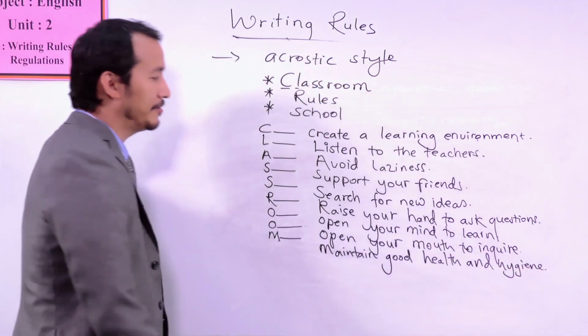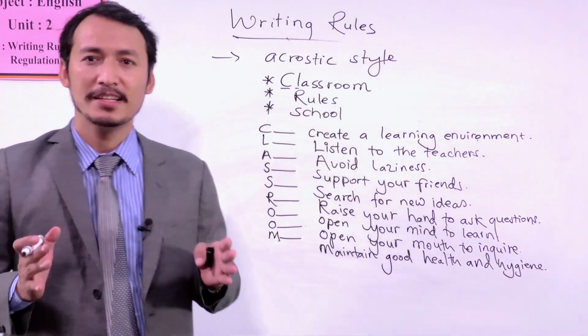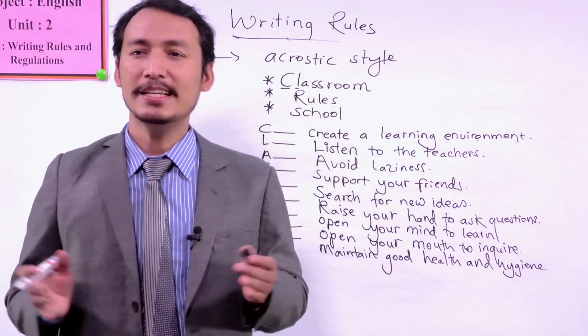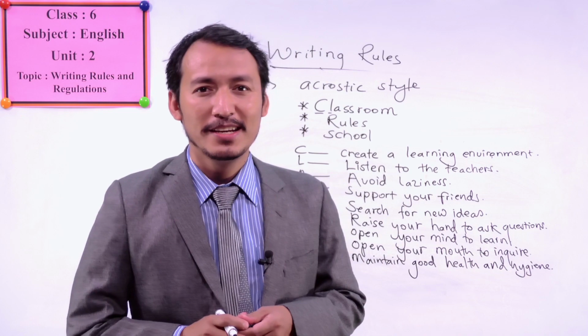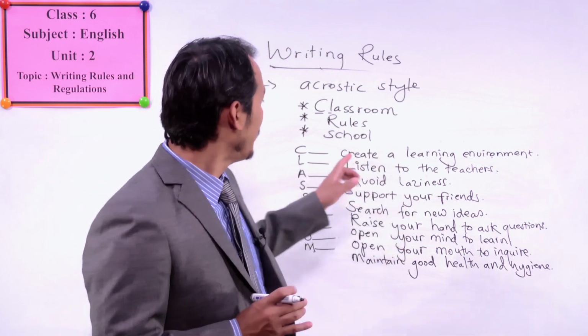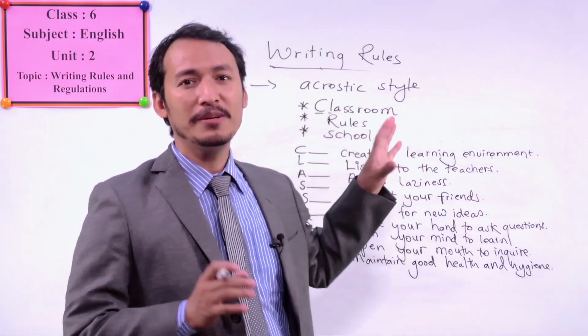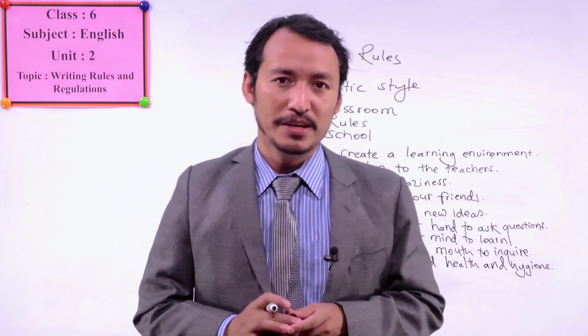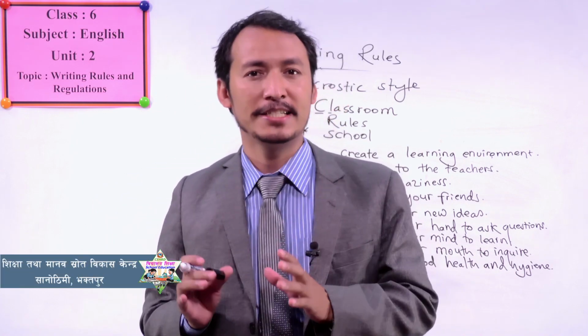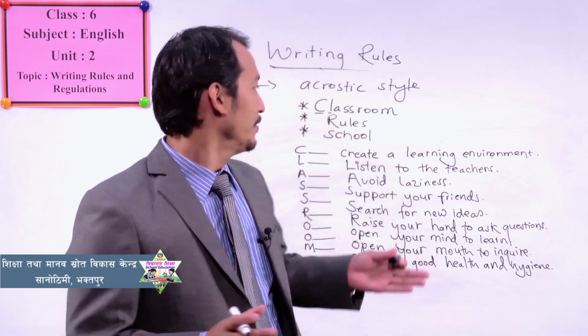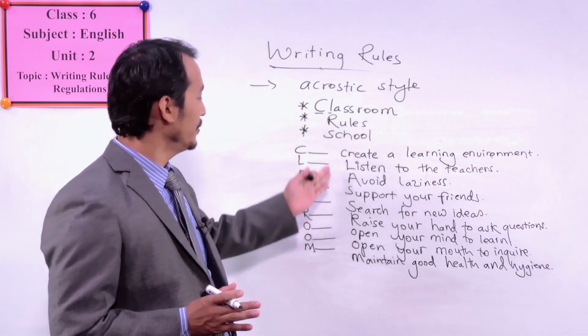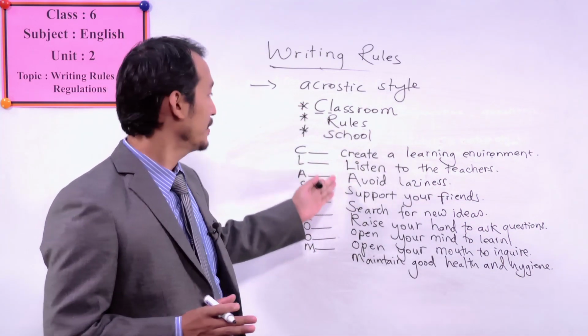Okay, likewise, you can create your classroom rules. Isn't it easy for you, right? It's very easy. So we have other words, rules and school. You can follow a similar way, the acrostic style, and then write. For example, you can use the same words for starting.